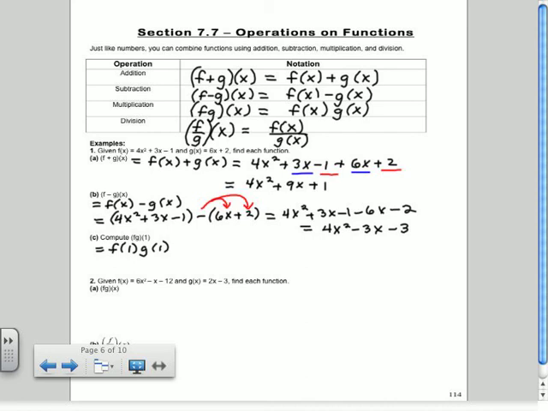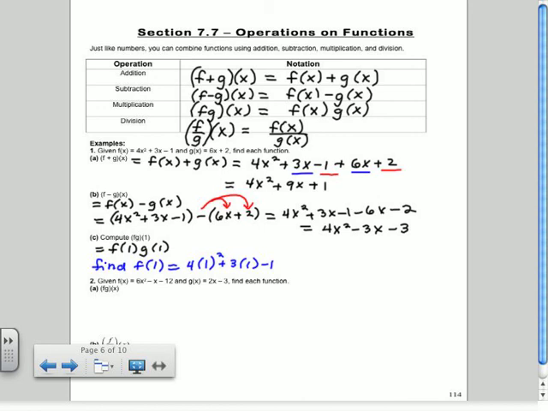So the way I usually do it is I just say, well, what's f of 1? What's g of 1? And then I multiply them together. Okay, so we're going to find f of 1 first. So f of 1 is just look at your normal f function, so 4x squared. So 4 times 1 squared plus 3 times 1 minus 1.